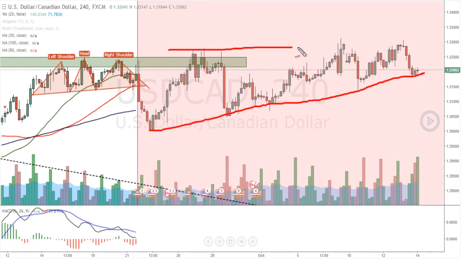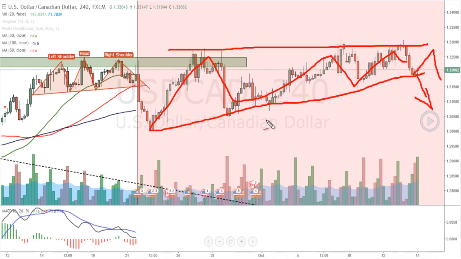Anyway, price is compressing, so you've got a triangle here. My view is that this is going to break to the downside. Might still have a couple of weeks, then the election in the US will decide this thing.